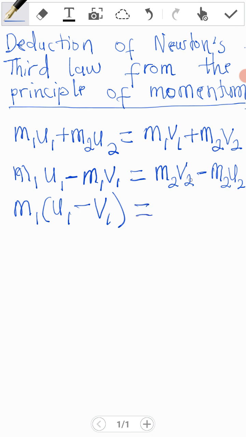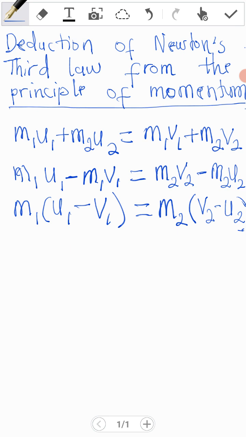This will be equal to m2, we have like terms there, so we bring the m2 out and open bracket. We have v2 and u2, so we just write v2 minus u2, right?